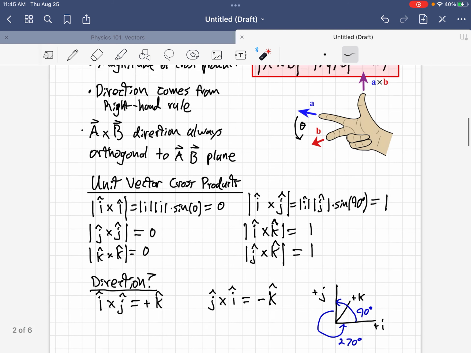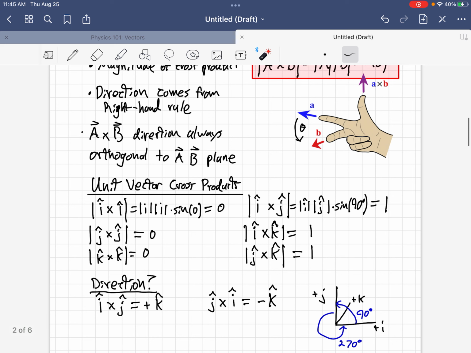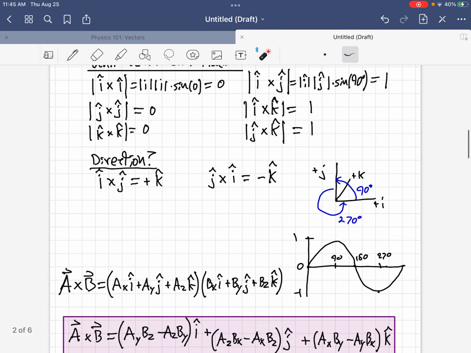So that's interesting. And you can kind of think of it this way, right? We're using that same right-hand rule, and you start with pointing your index finger on the vector that is listed first. So if this is I and this is j, looking down at here, we start at I, point our index finger in the I direction, and how many degrees does it take to rotate counterclockwise until we get to j? It would be 90 degrees, right?